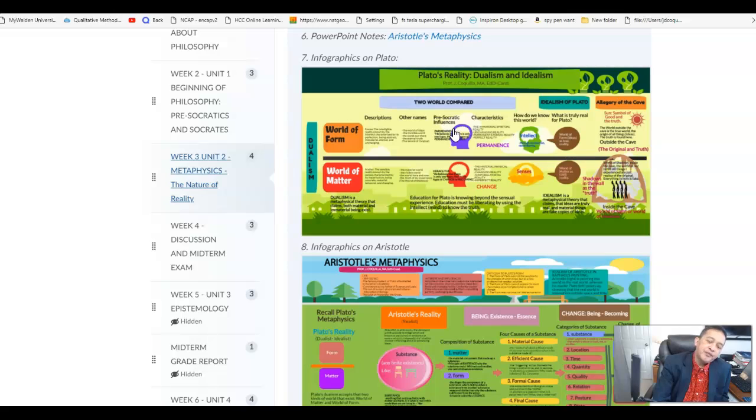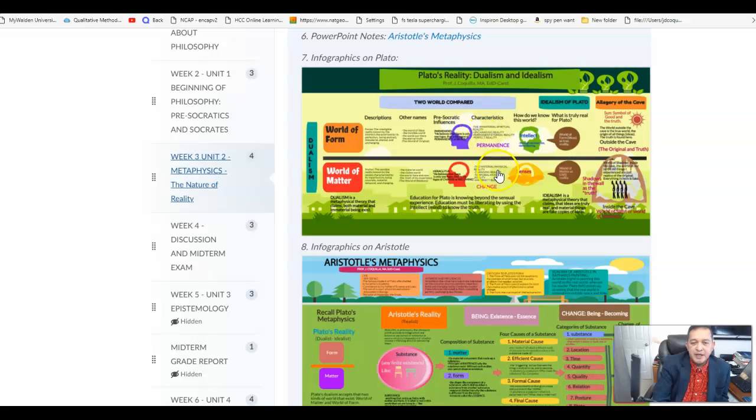Perhaps the concept of God as always eternal and the same forever comes from that understanding. Now you notice that this becomes the main characteristic of the two worlds: the world of matter is the changeable world, while the world of form is the one and the same permanent world.